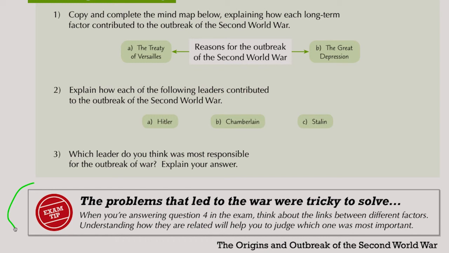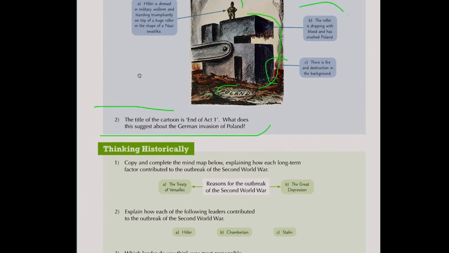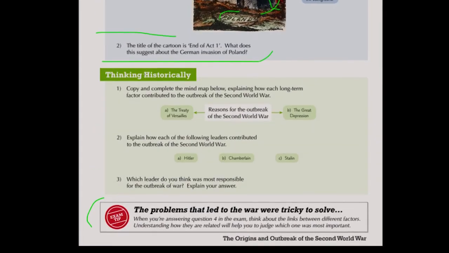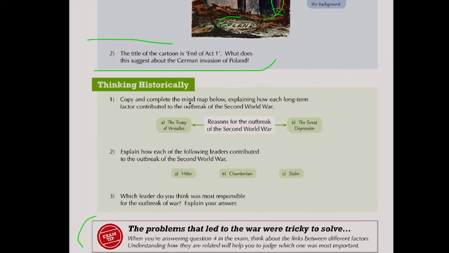It was not something easy. So when you are answering question 4 in the exam, think about the links between different factors. Understanding how they are related will help you to judge which one was most important. Again, on question 4, let's see which one is question 4 here. 1, 2, 3, okay.